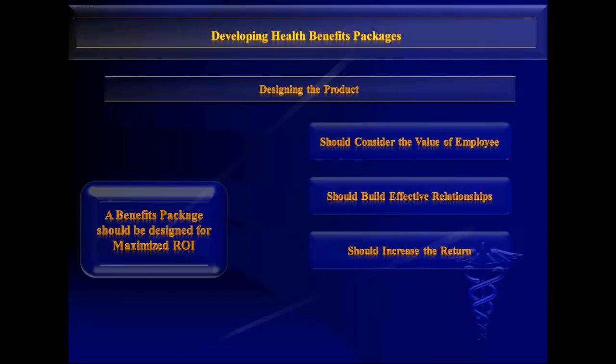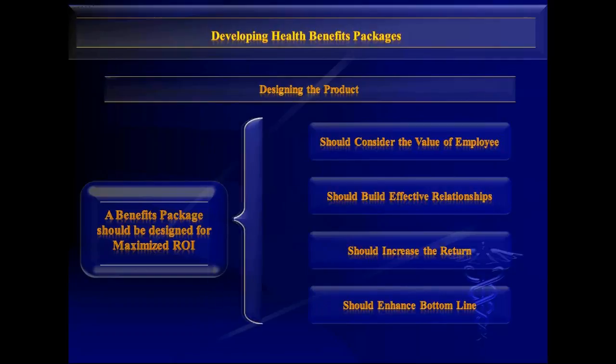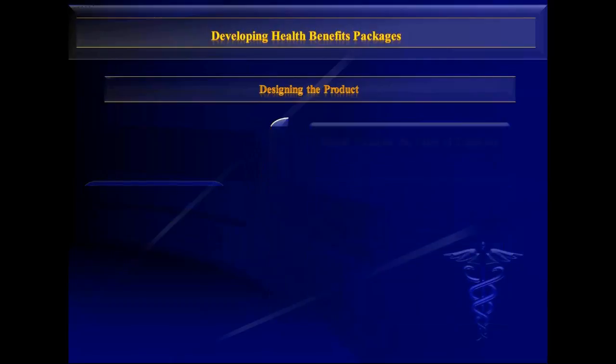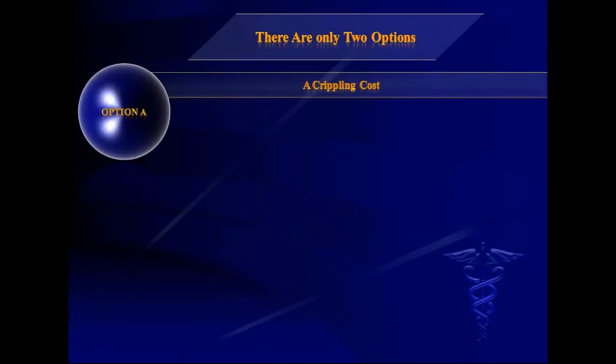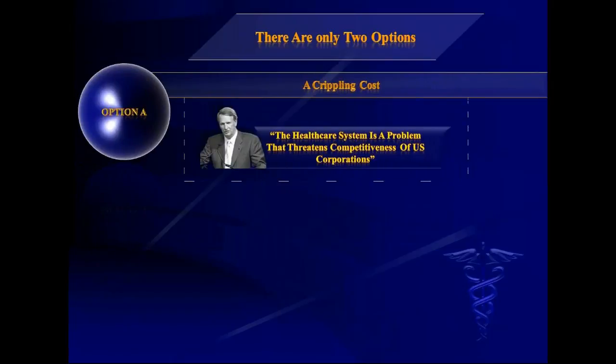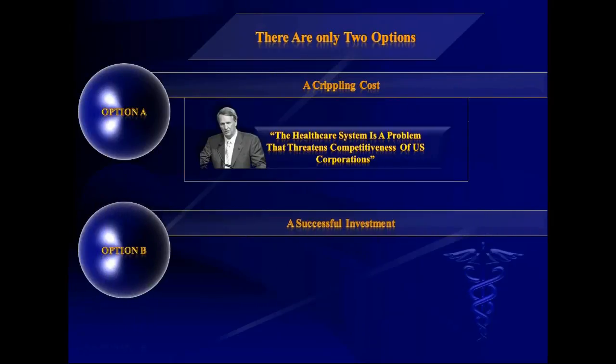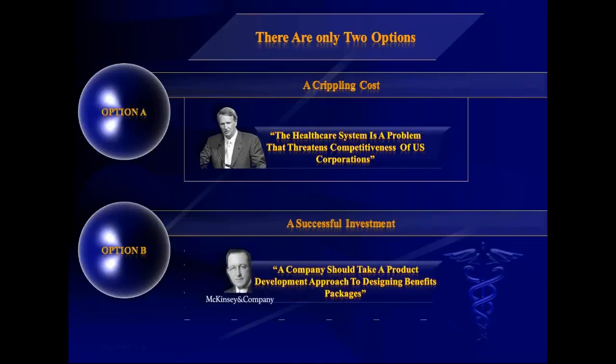Next, we want to make sure the package will increase the return, not decrease the return. And finally, the package should enhance the bottom line. Basically, to sum it all up, there's really only two options. Either a benefits package can be a crippling cost to the agency, or a benefits package can maximize the return on investment.